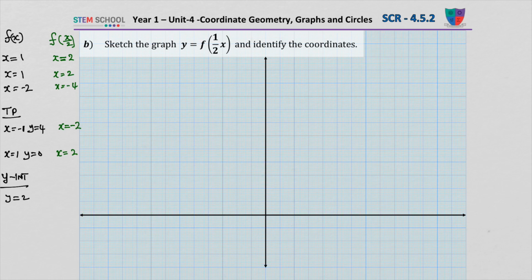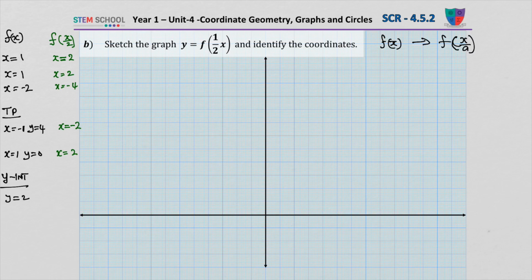So if you multiply the x by a, you're going to have f of x over a.